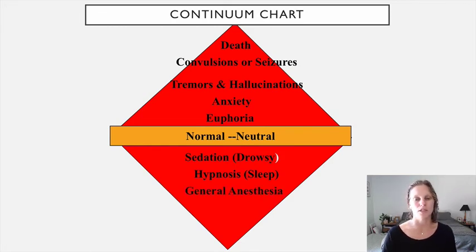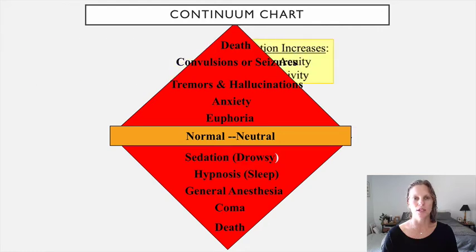And then we have general anesthesia, which is encompassing a loss of consciousness. So when we say general anesthesia, we are going to synonymously think of a loss of consciousness or unarousable sleep, followed by a coma, and then death, usually by respiratory depression, which we'll talk more about in a little bit.